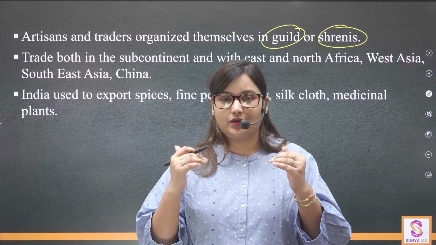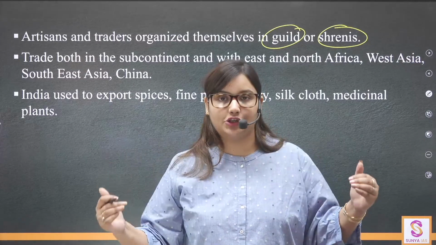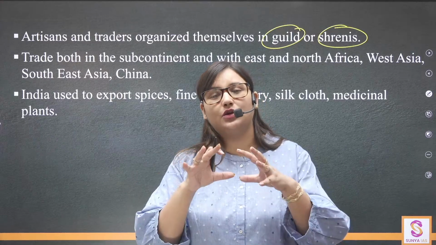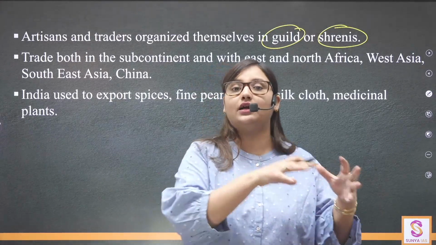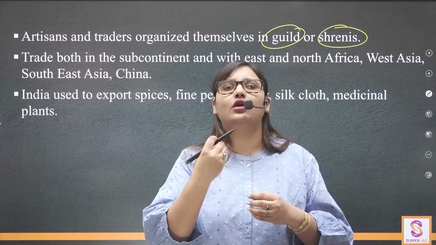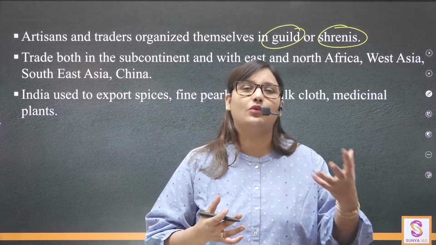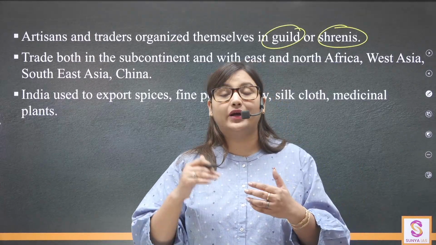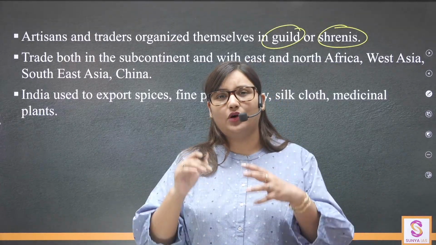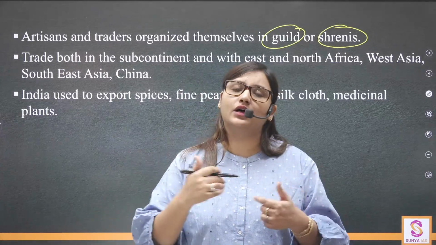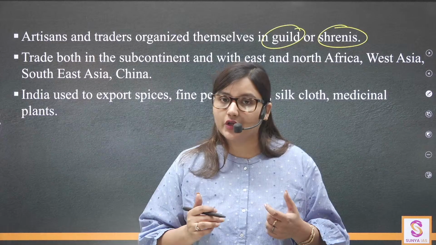So to have a proper level of production and run the economy in a more suitable way, it was very important to make these kind of groups where they can share loans also, some loan burden, if some money is needed, if some advance is needed, if they want to enter a new market, if they want to enter an unknown place, they will take the help of guilds and these shrenis.